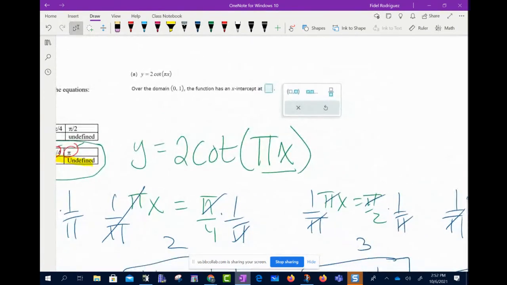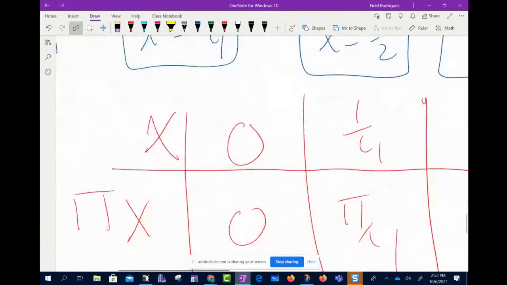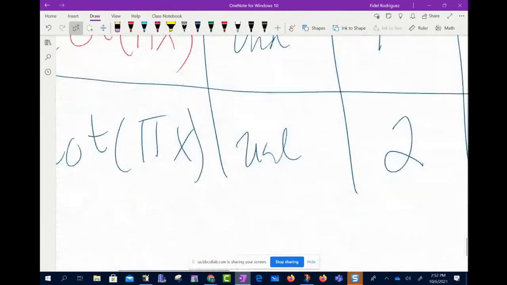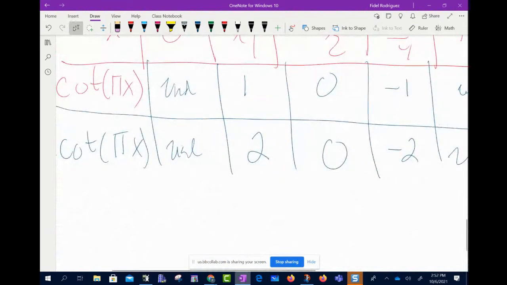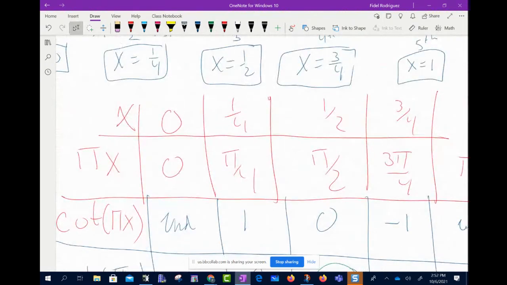And the original question is asking me, over this domain, where do we have our x-intercept? Remember the x-intercept, y'all, occurs when the y value is 0. When is the y value 0? When x is what number? 1/2, right?